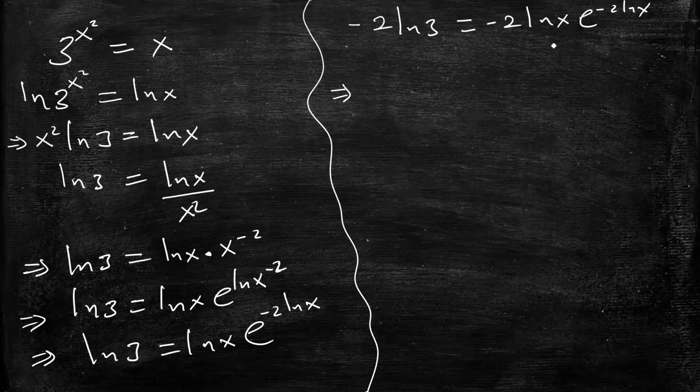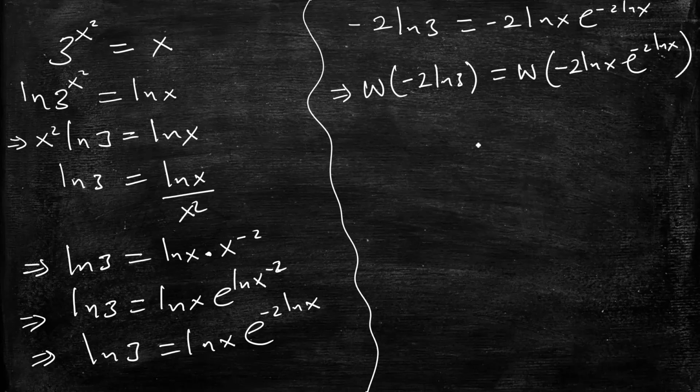So let me bring this one here. Let's go ahead and take the Lambert W function. The W function of that equals, something e raised to the same thing, minus 2 ln of x.